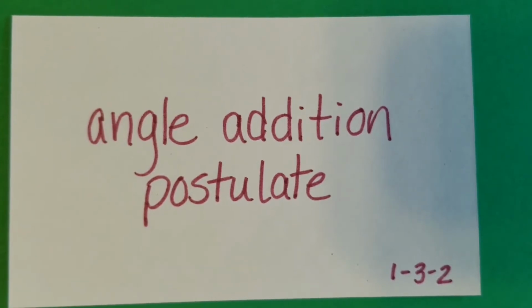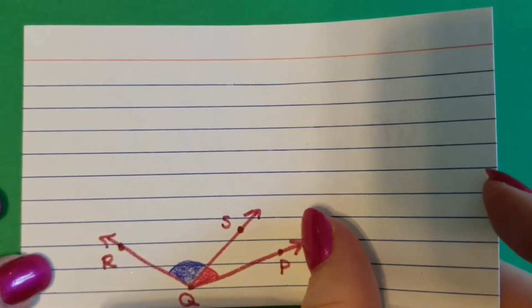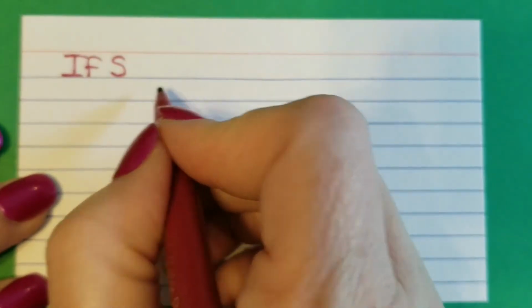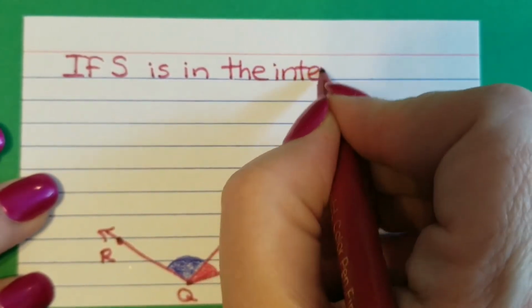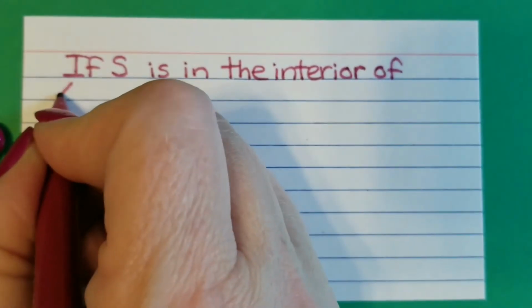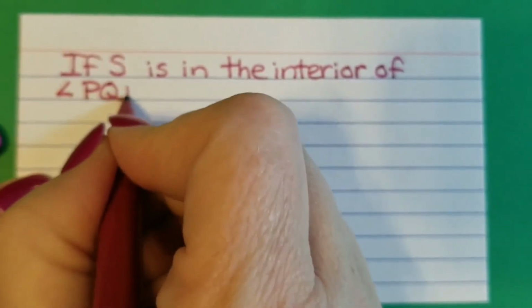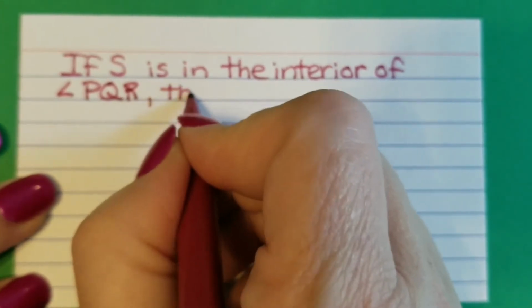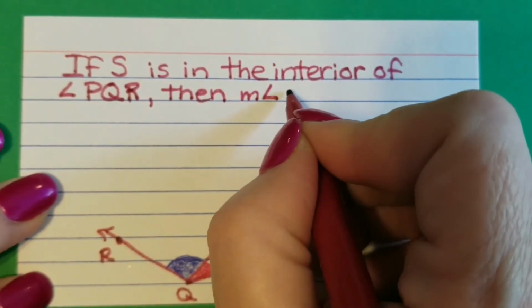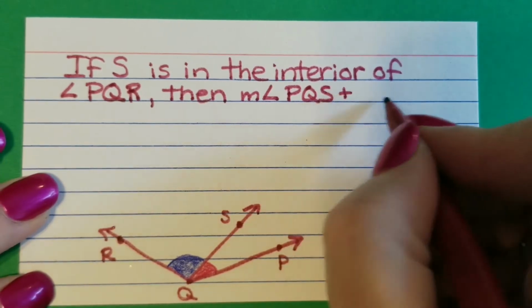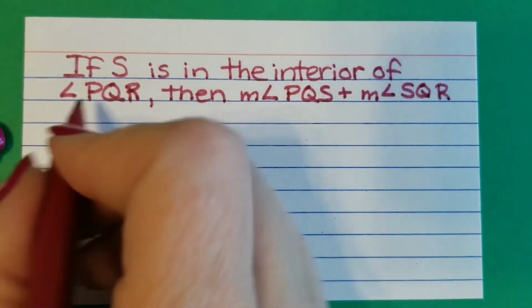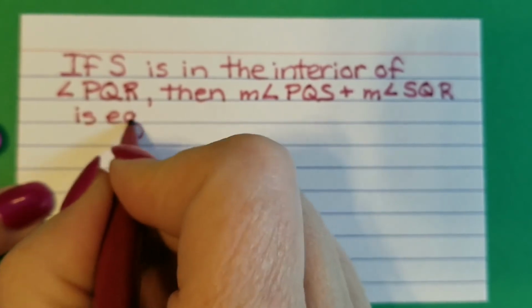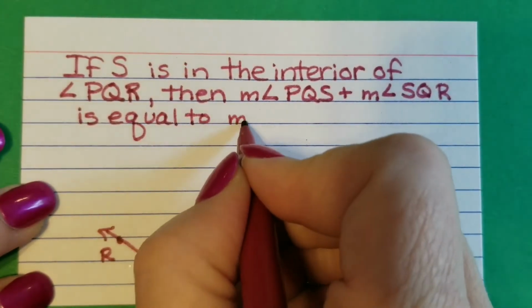The angle addition postulate deals with adding angles. So we've got these angles here, and if S is in the interior of our angle PQR, then we can say that the measure of angle PQS plus the measure of angle SQR is equal to the measure of angle PQR.